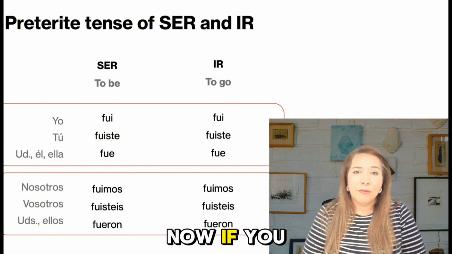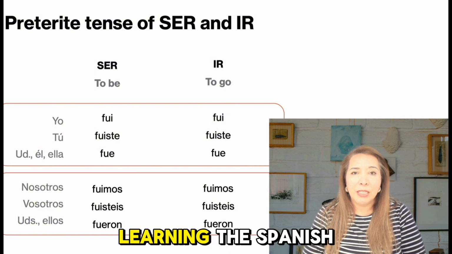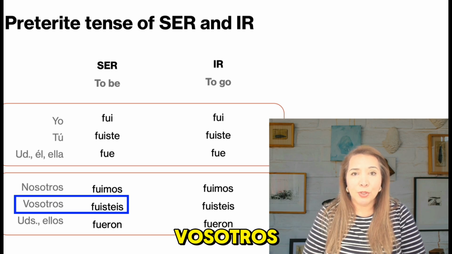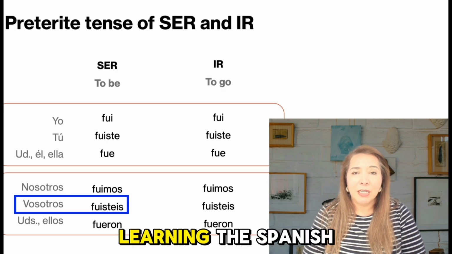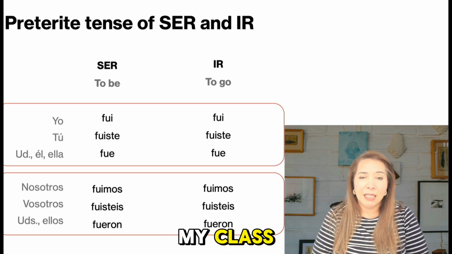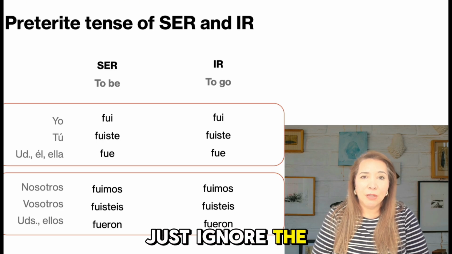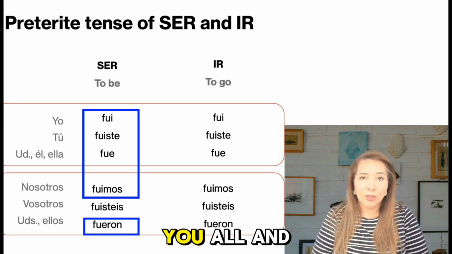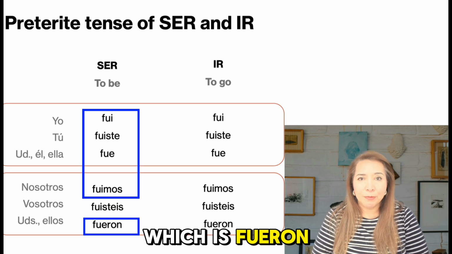Now, if you are used to learning the Spanish from Spain, then you'll use vosotros. But if you're learning the Spanish from Latin America, like you are if you're in my class, then you can just ignore the vosotros conjugation because you'll be using ustedes, you all. And that is the last conjugation, which is fueron.